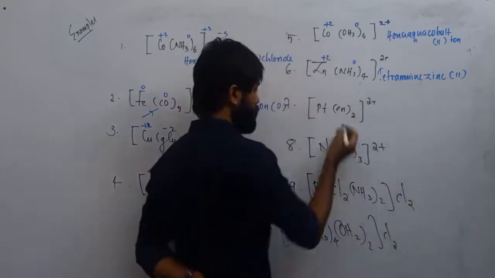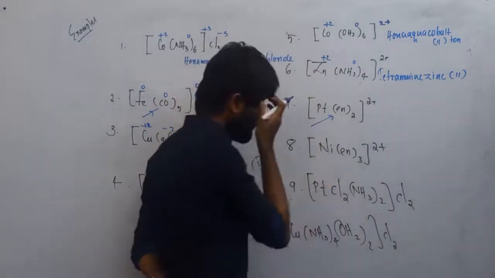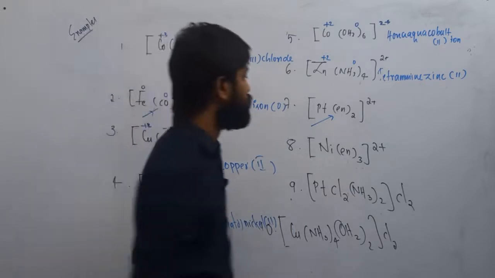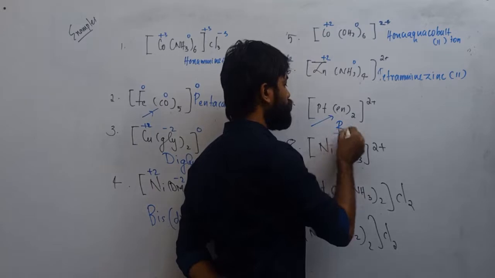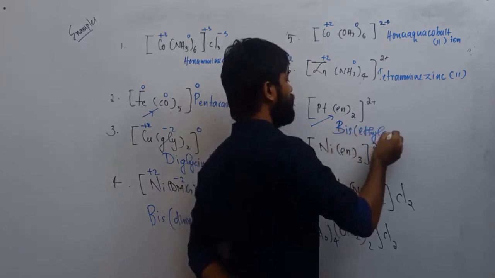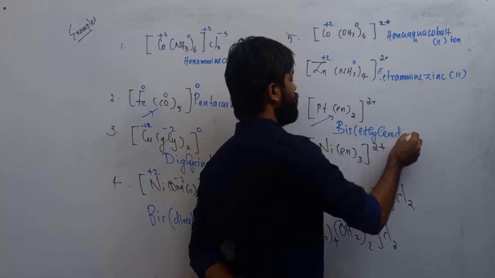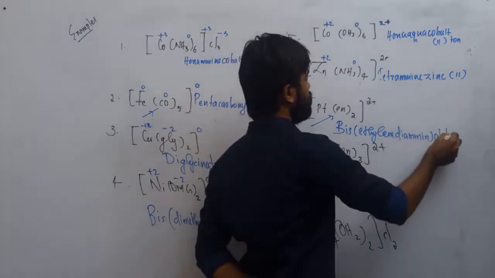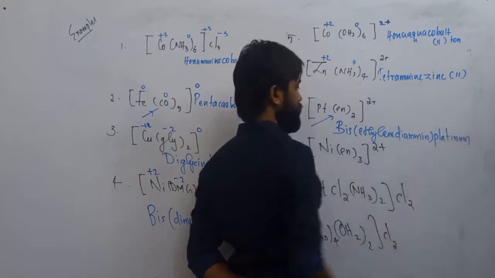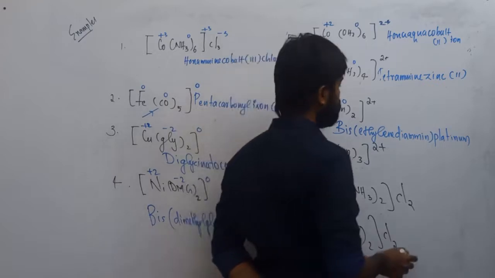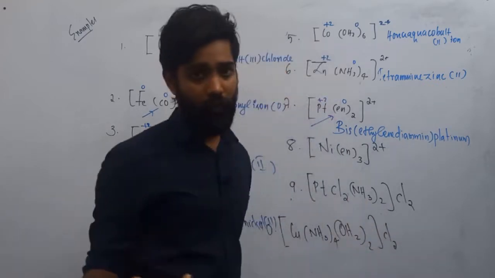Okay. Next is also a cationic entity, but the ligand is a bidentate ligand, ethylene diamine. So there are 2 ethylene diamine. So bis(ethylenediamine). Now platinum is enough. Now the charge is +2. En has 0 charge, so this has +2 charge. Ethylene diamine is a neutral ligand, so charge is 0.